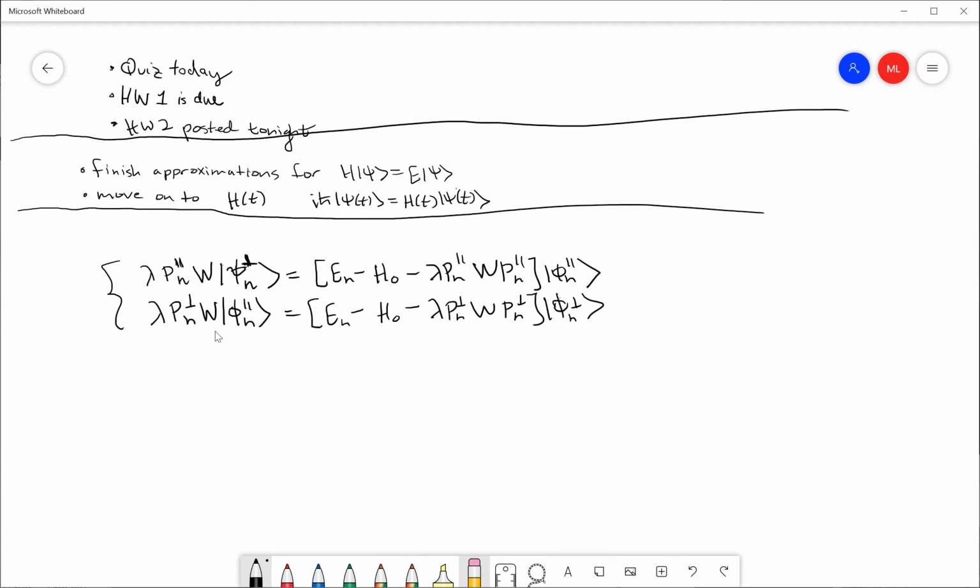Just to remind you what the projection operator is, the Pn parallel, you take a sum over all the degenerate eigenvectors of the degenerate unperturbed state.